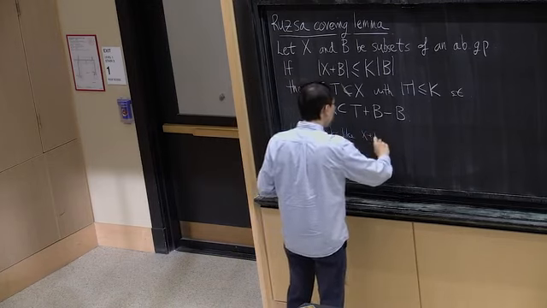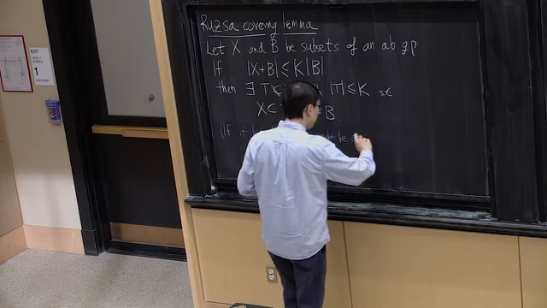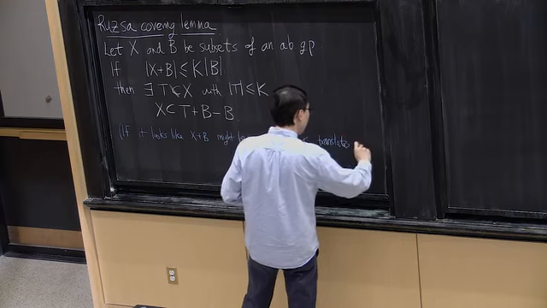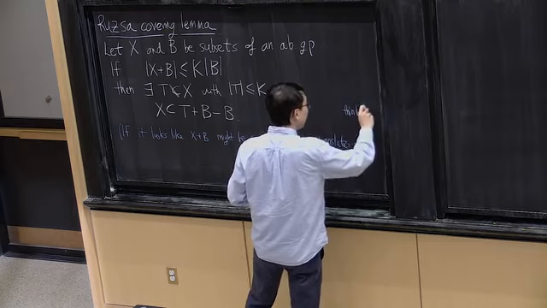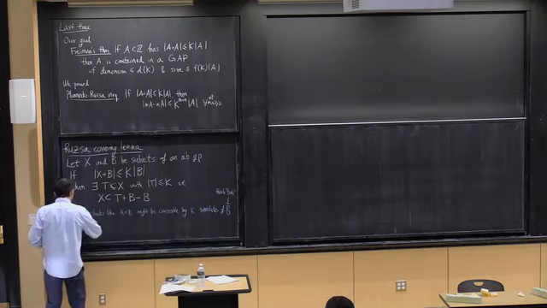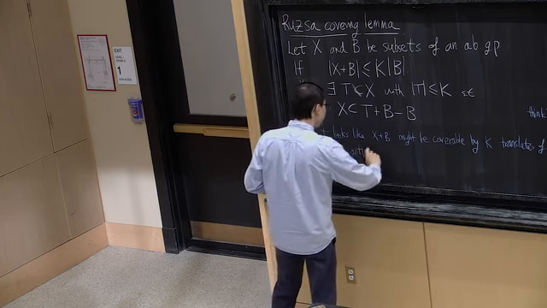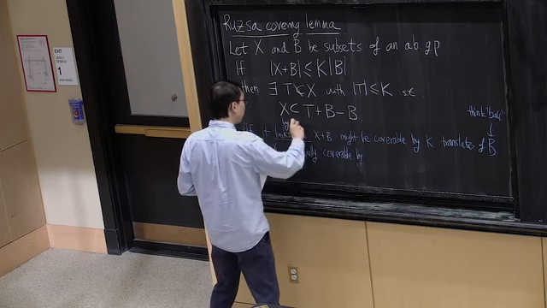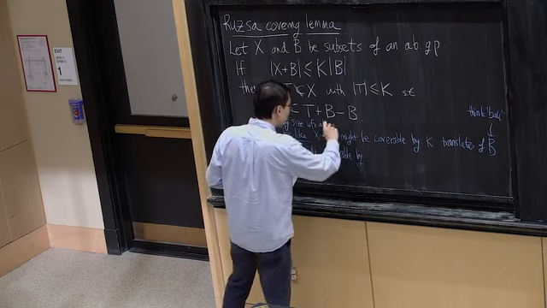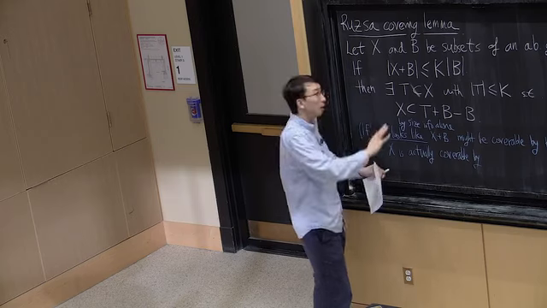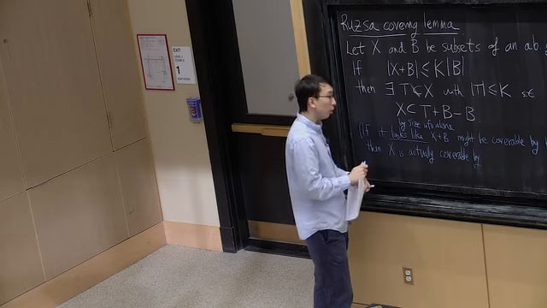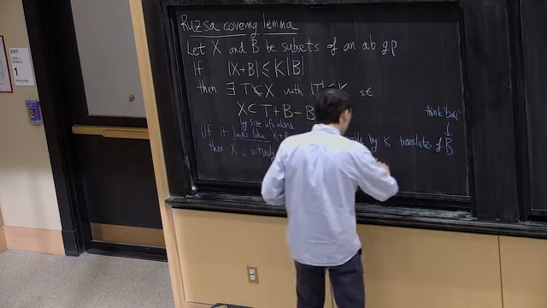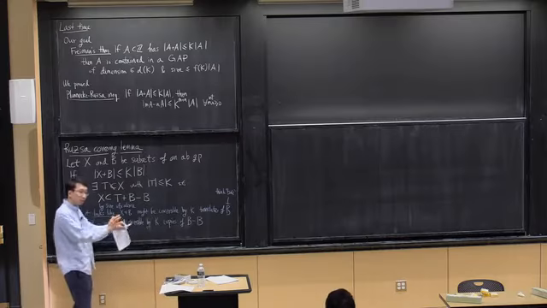If it looks like, just by size information alone, that X plus B might be coverable by K translates of B, then actually X is coverable, but you have to use slightly larger balls: K copies of B minus B. You should think of B minus B as slightly larger balls than B itself.